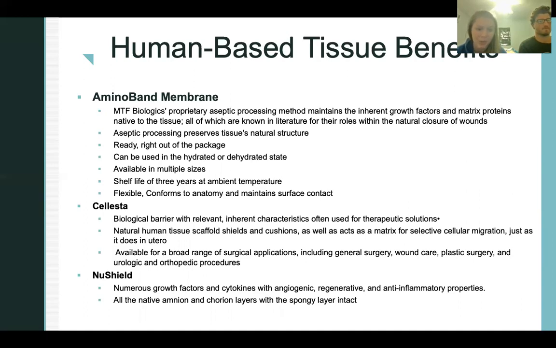It's available in a broad range of surgical applications, including general surgery, wound care, plastic surgery, and urologic and orthopedic procedures. New Shield is the last human-based tissue, and the benefit of it is that it has numerous growth factors and cytokines, and then just good properties like anti-inflammatory. It's also native amnion and chorion layers with the spongy layer intact.